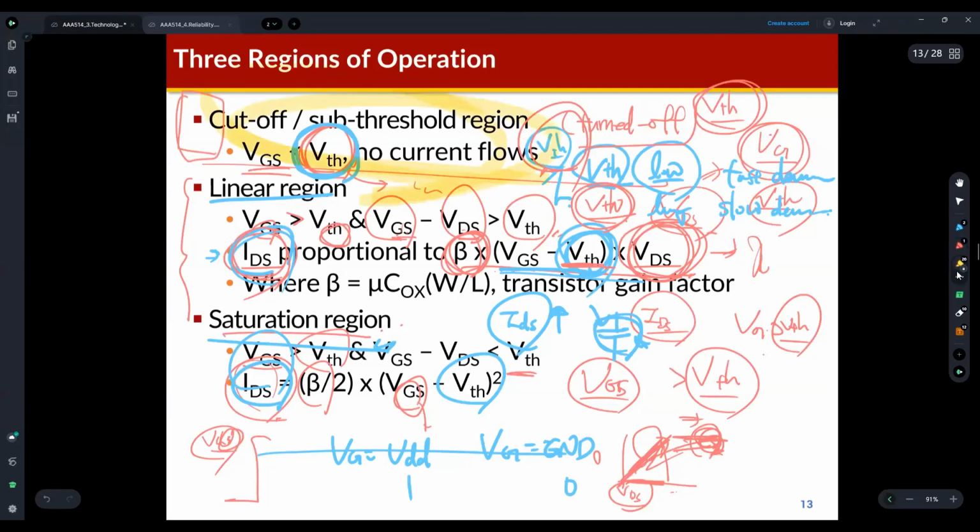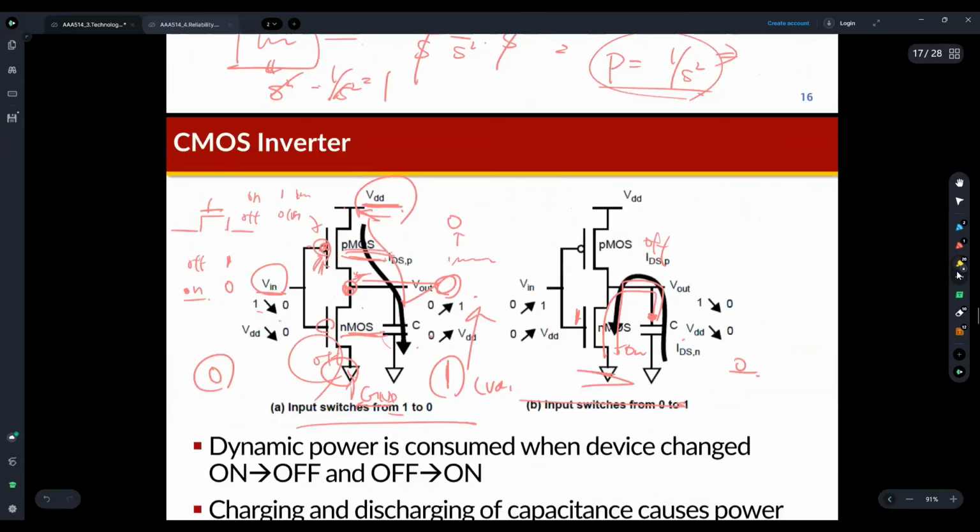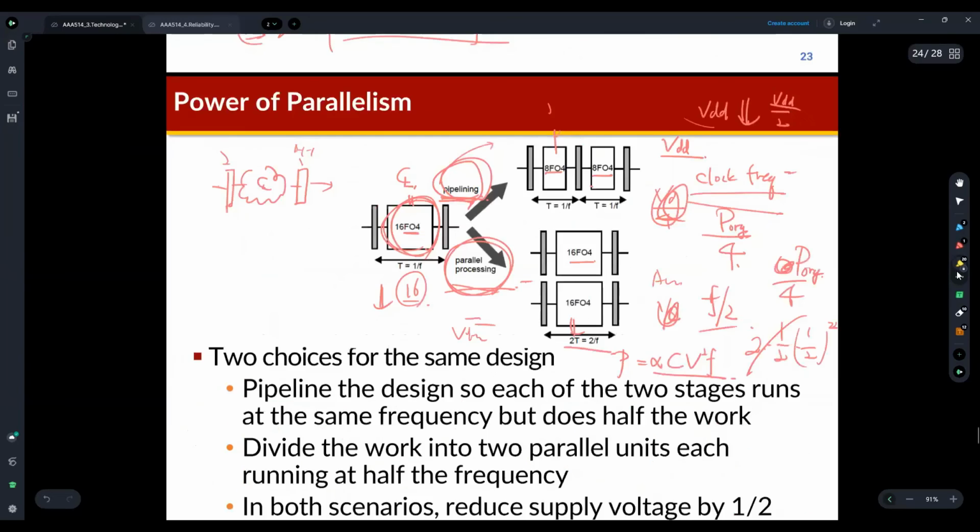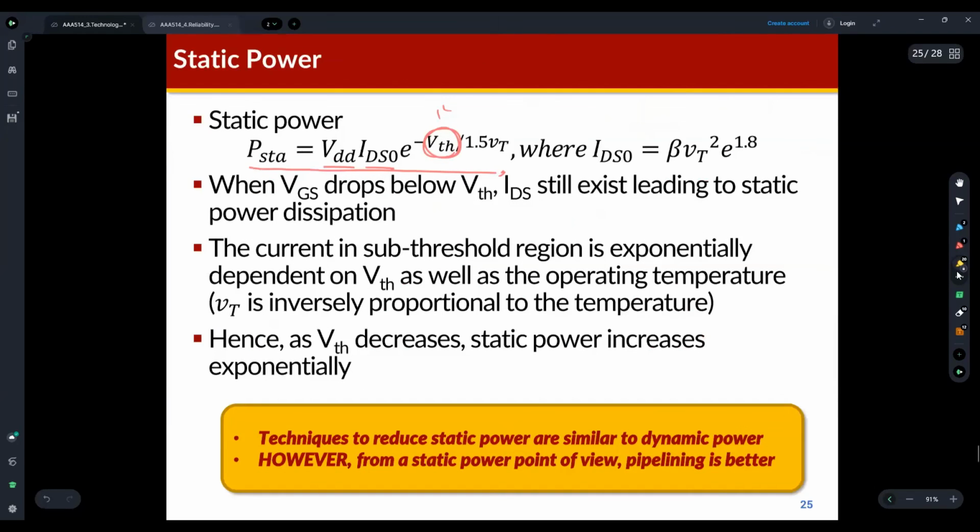Even though the MOS transistor is turned off, current flows between source and drain. That is the definition of static power. So it works in the cut-off region.